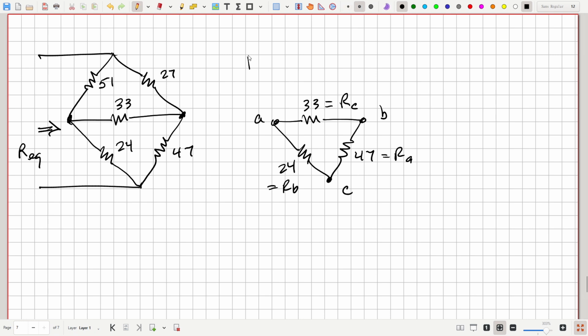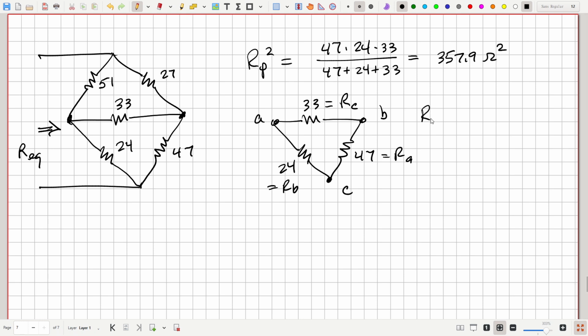Okay, so we need the RP squared, and the formula in terms of the RA, B, and C is the product over the sum. Okay, so that's going to be 47 times 24 times 33 over the sum. 47 plus 24 plus 33, that is 357.9 ohms squared.